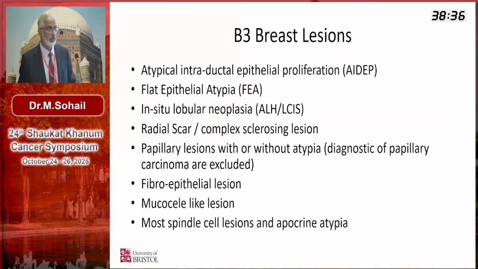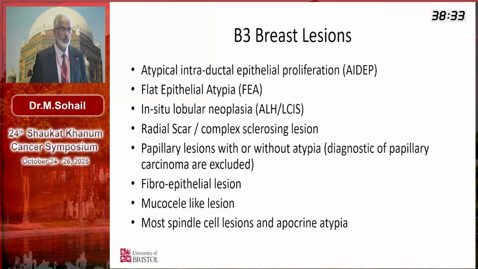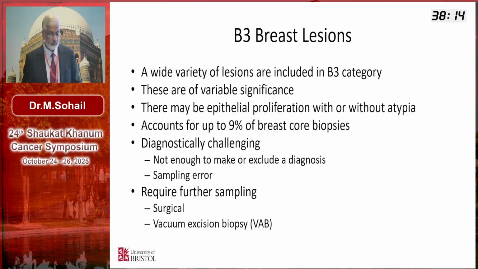Now, in B3 lesions, there is a wide variety of cases, including AIDP, FEA, atypical lobular hyperplasia, LCIS, radial scar, complex sclerosing lesion, papillary lesions with or without atypia, fibroepithelial lesion, mucocele-like lesion, and spindle cell lesion, as well as apocrine adenosis. So there are many different subtypes included in the B3 category, and these are of variable significance. And these lesions can occur with or without atypical ductal epithelial proliferation.